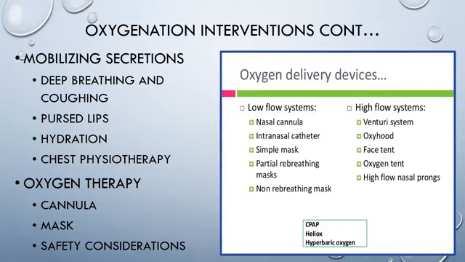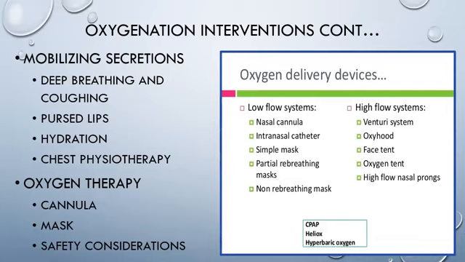There are a variety of different oxygen delivery methods. If you look at this photo on your slide, it shows you low flow systems. Those low flow systems can only take so many liters at a time, some of them only up to about 6 liters. So if you have a patient on 10, 12, 15 liters of oxygen, you can't use a nasal cannula to give that. But you can use a Venturi system, an oxy hood, or a face tent.